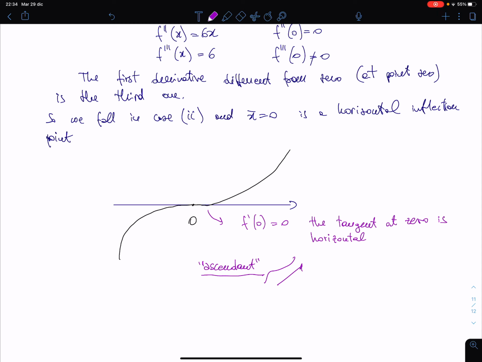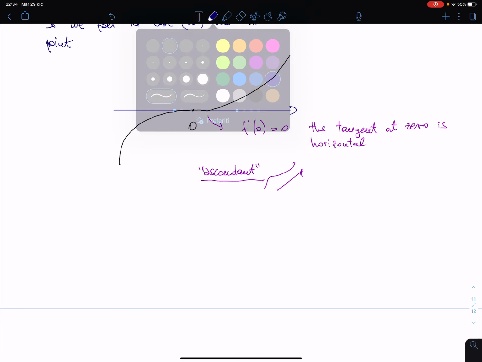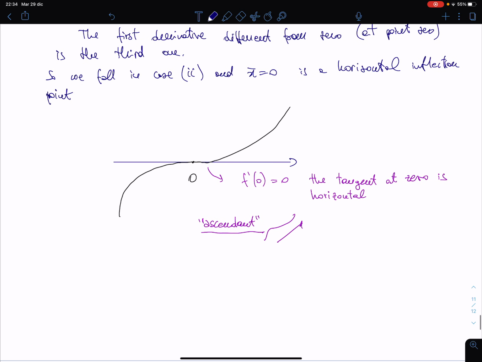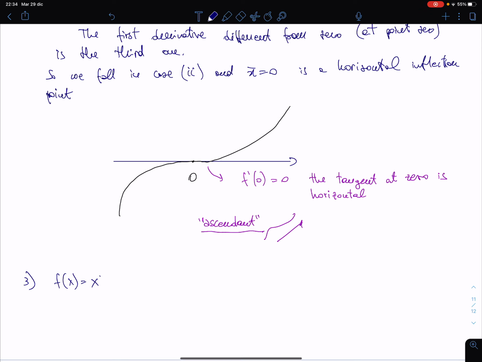Here we go to the third case. We have f of x equal to x to the m, with m natural and m larger or equal to 2.